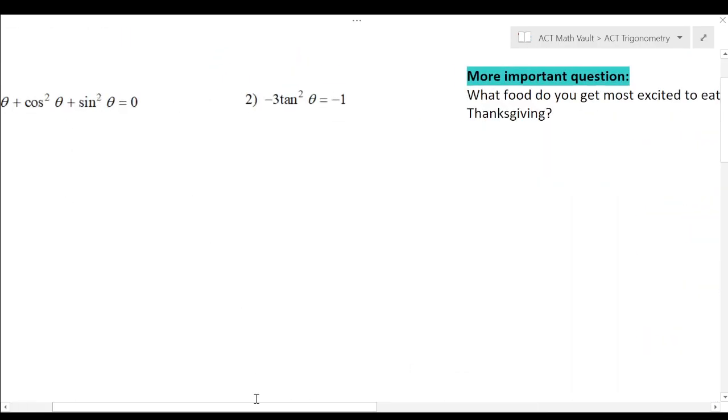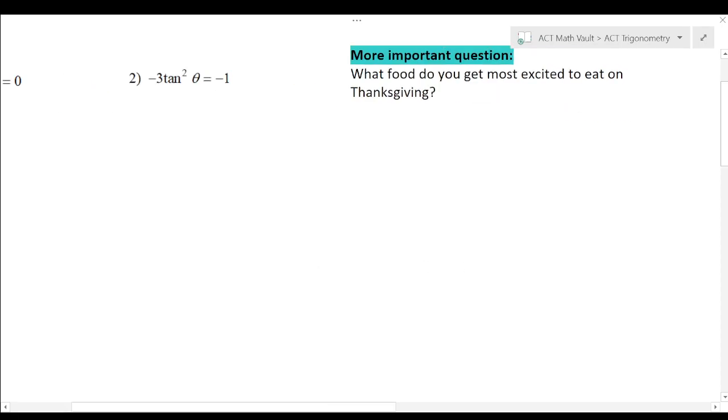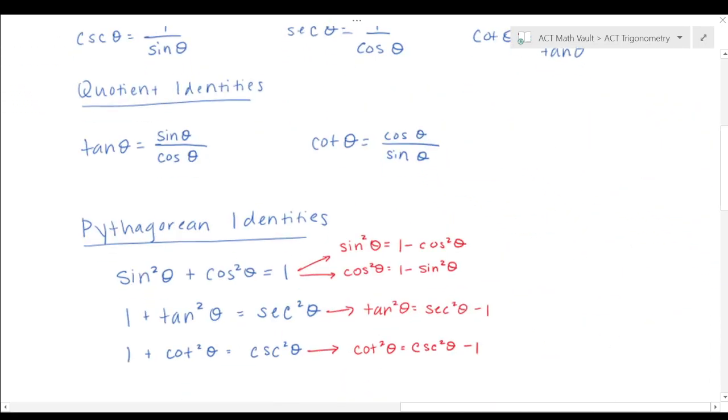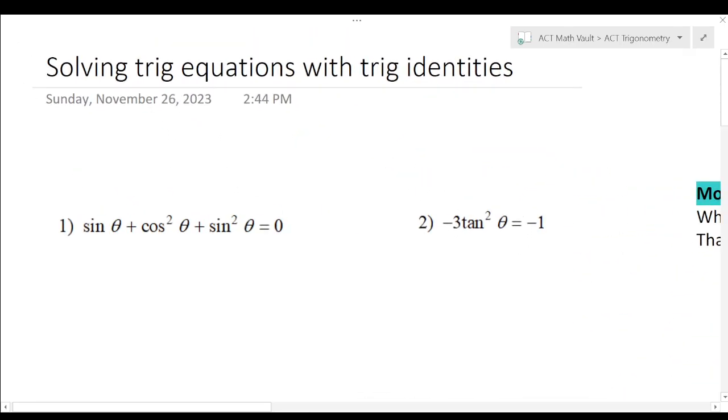So, the first problem, there is something that is screaming at me right when I see it, and it's that Pythagorean identity, where sine squared theta plus cosine squared theta equals 1. So right away, notice that the technique of solving that I'm using here is using identity.